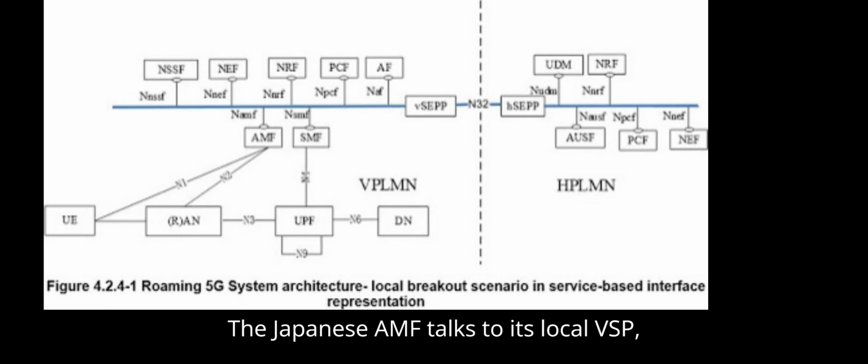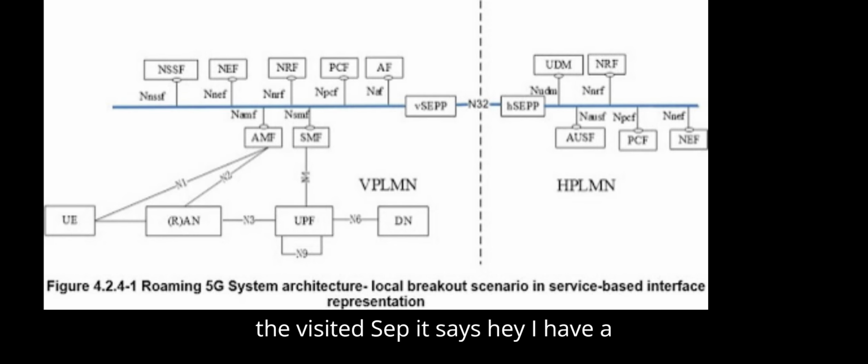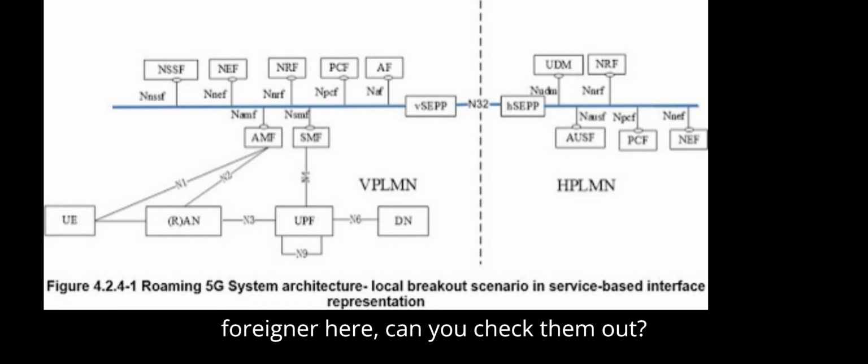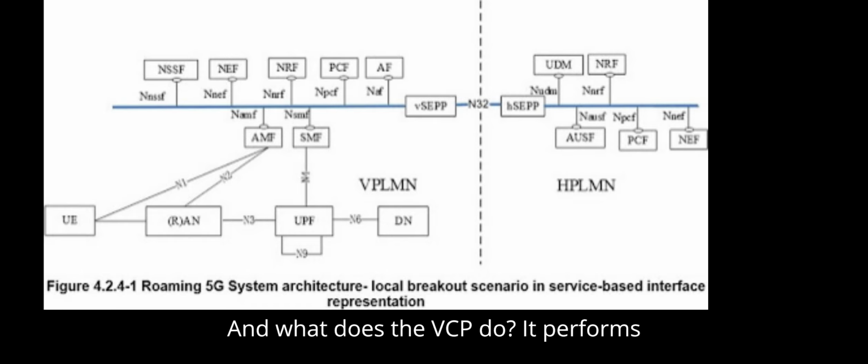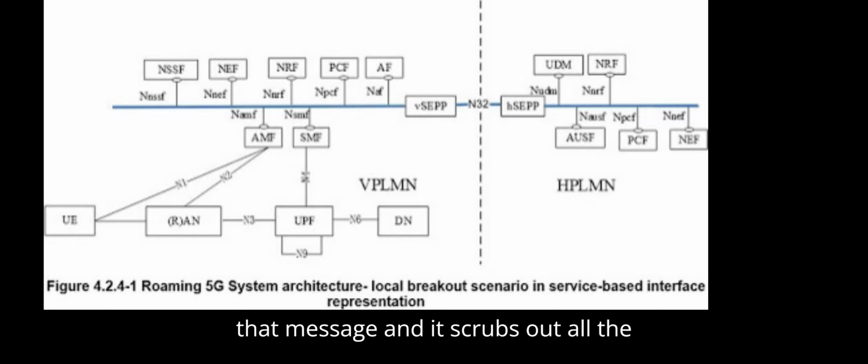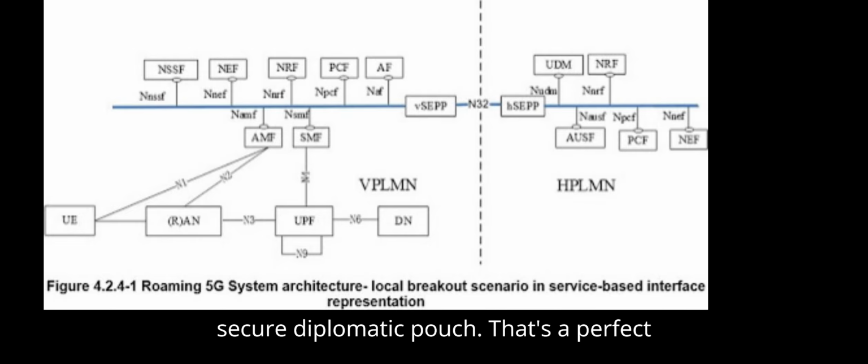Never. The Japanese AMF talks to its local VSEPP, the visited SEPP. It says, hey, I have a foreigner here. Can you check them out? And what does the VSEPP do? It performs what we call topology hiding. It takes that message and it scrubs out all the internal IP addresses and network details. It encrypts the payload, and then it sends it over that N32 link across the ocean. It creates a sanitized, secure diplomatic pouch.